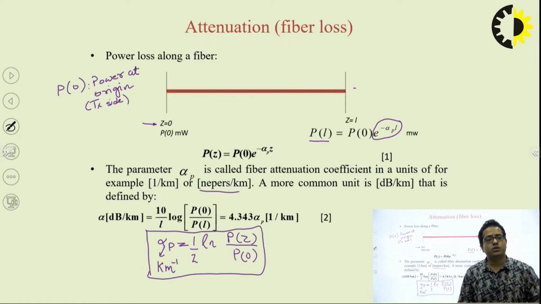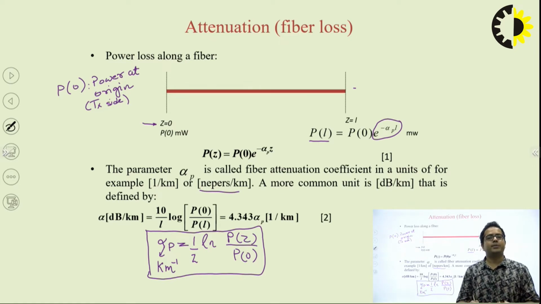The more precise way of writing this expression is in terms of dB per kilometer, because we want to know the attenuation in power in terms of dB, so that formula will be modified as dB per kilometer.